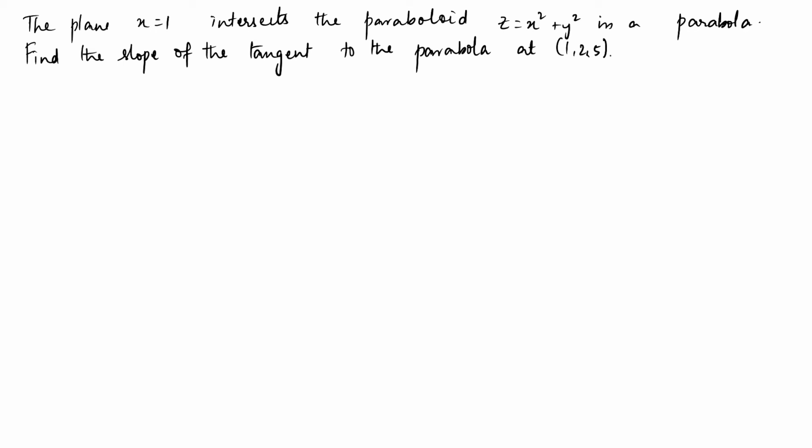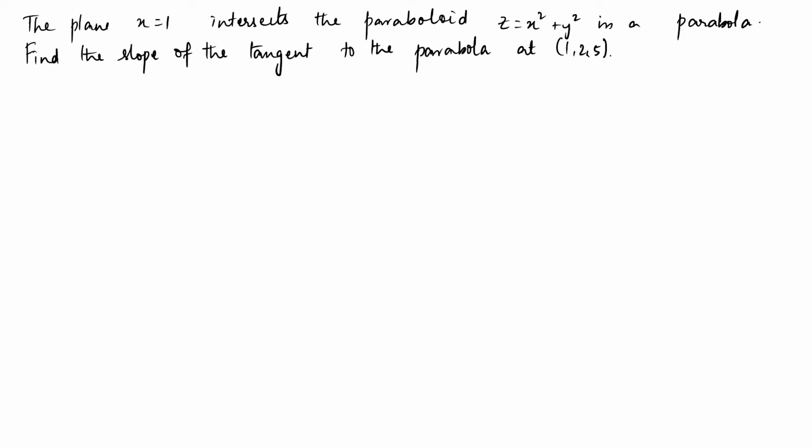Just go through the question and tell me what is given and what is the thing that they have asked us to find. Slope, sir. Okay, slope we'll have to find. Good. That's the derivative of z.